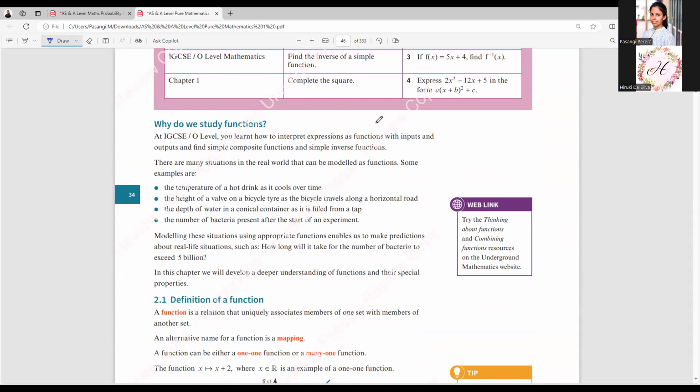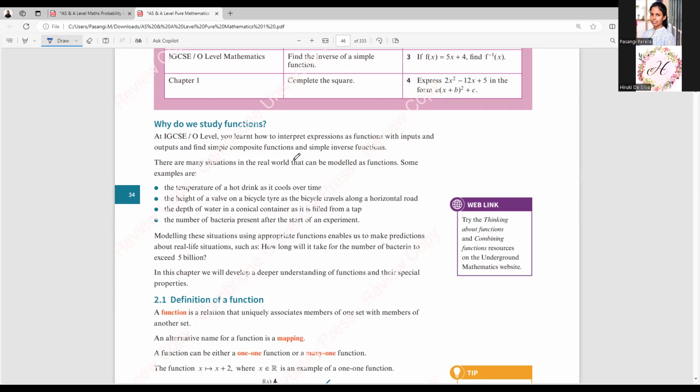So this part, I can't say it's useless. Why do we study the functions? Because for the O levels also we did some interpretations with the expressions for these functions.